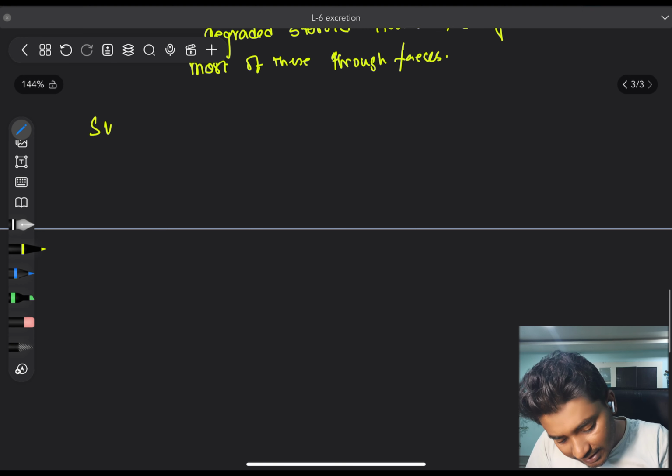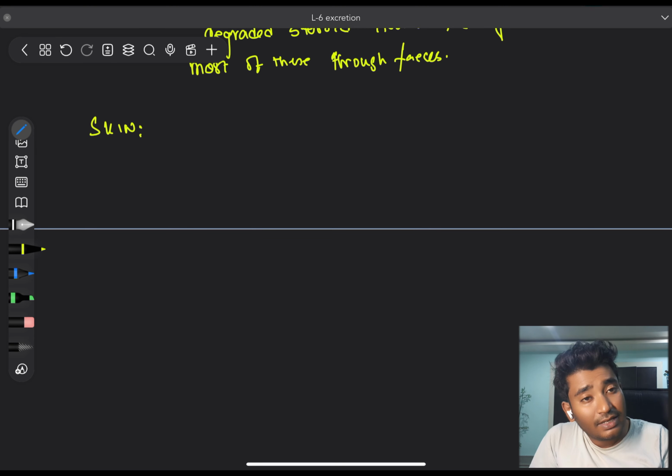The third is skin. Skin is also an excretory organ.